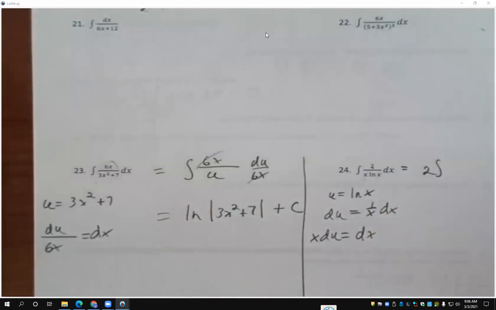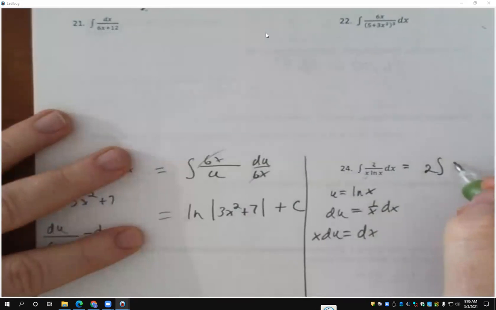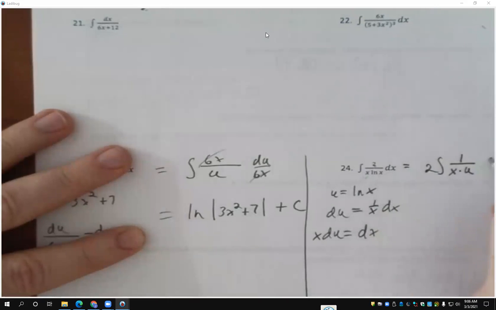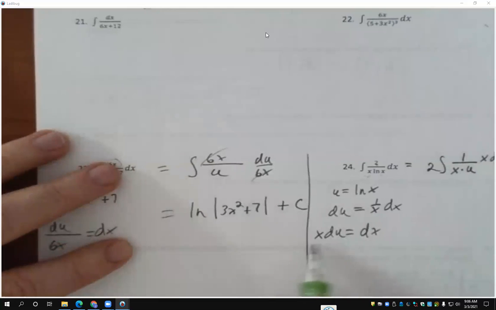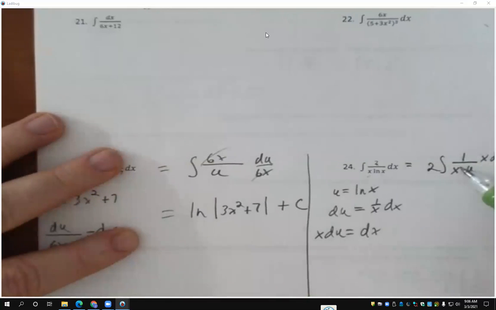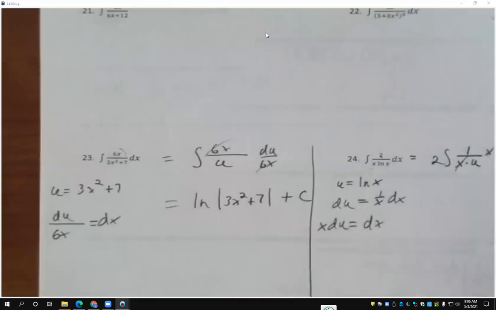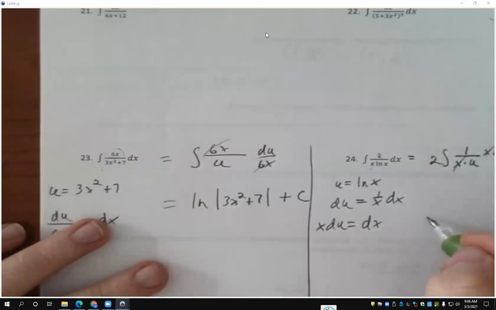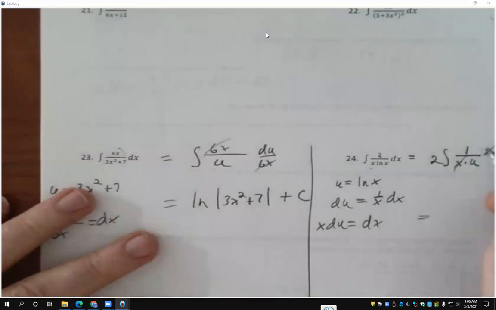You don't have to do that right there, by the way. I just like to. And I have 1 over x times u times x du. Okay, this is in my numerator now. And these x's are going to cancel. And so I'm left with 2 times the integral of 1 over u.